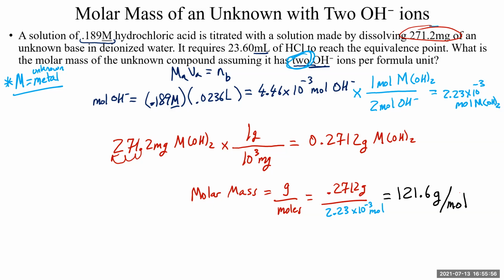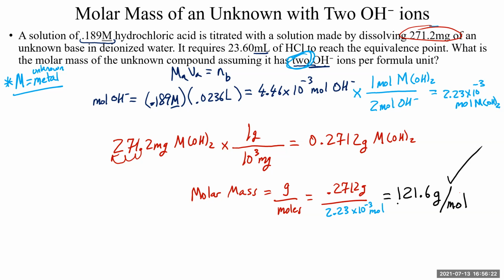Okay, that is our molar mass, and that is the answer to this question. But again, I'm hoping we can actually figure out what this compound is. We might not know, but let's give it a try.